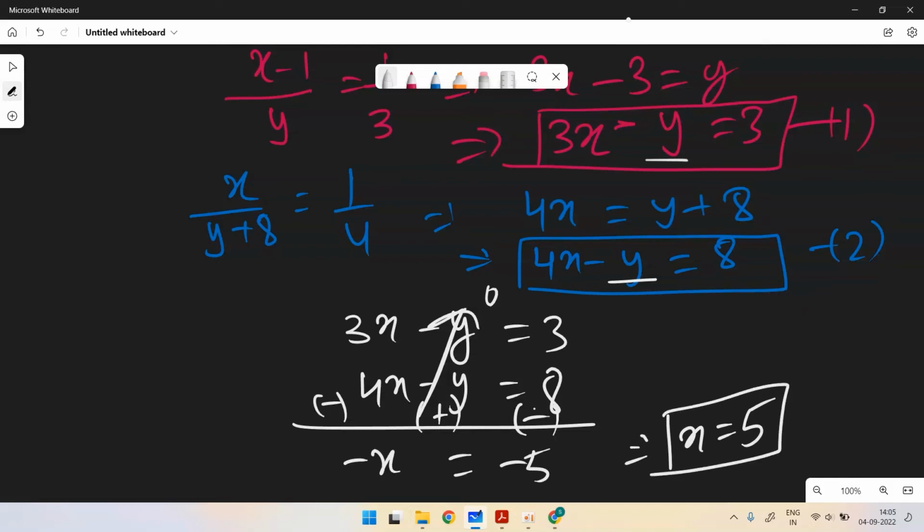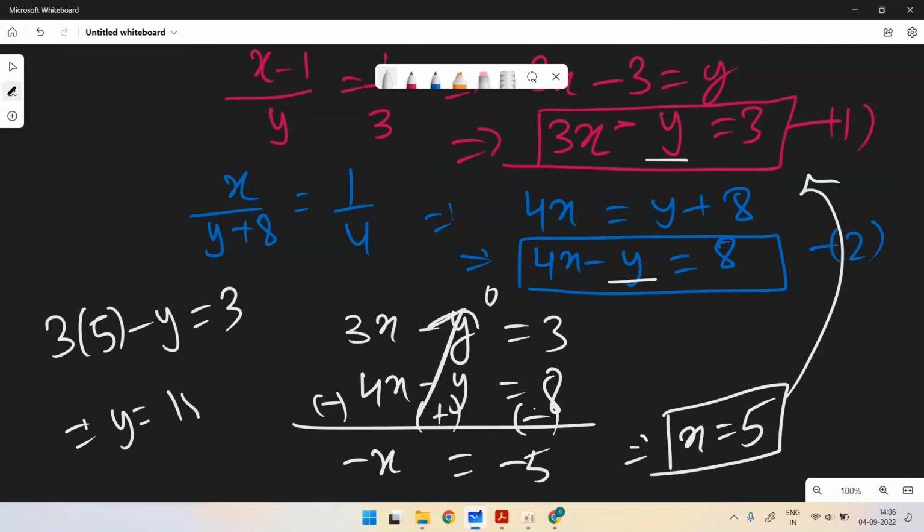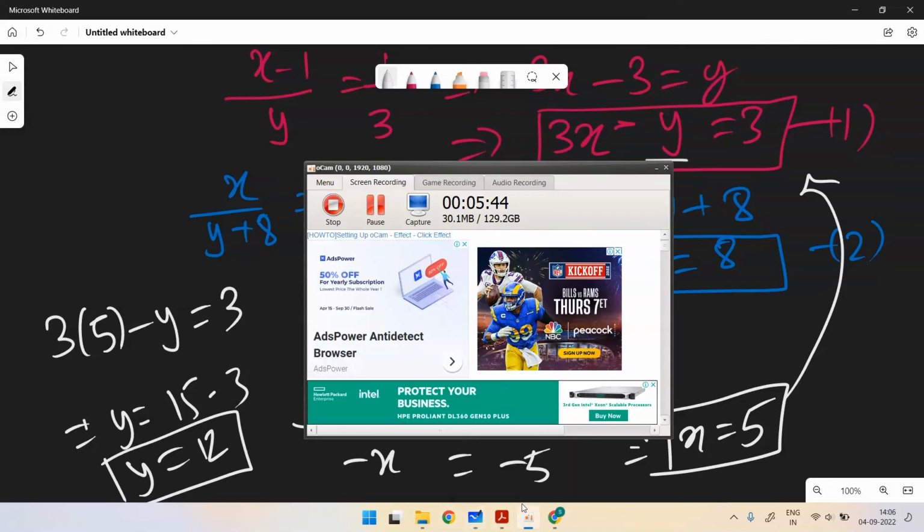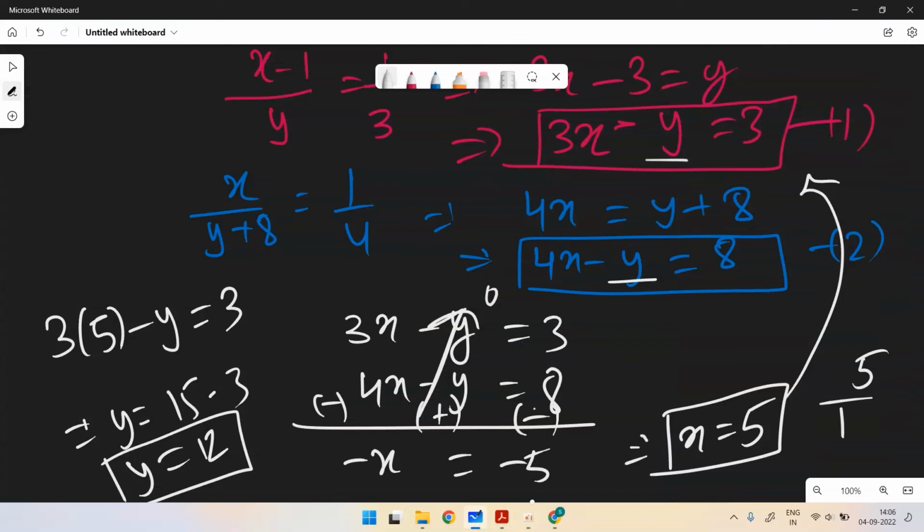Substituting in the first equation, 3 into 5 minus y equals 3, which implies y equals 15 minus 3, which is 12. So x equals 5 and y equals 12, and the fraction is 5 by 12. This is your answer.